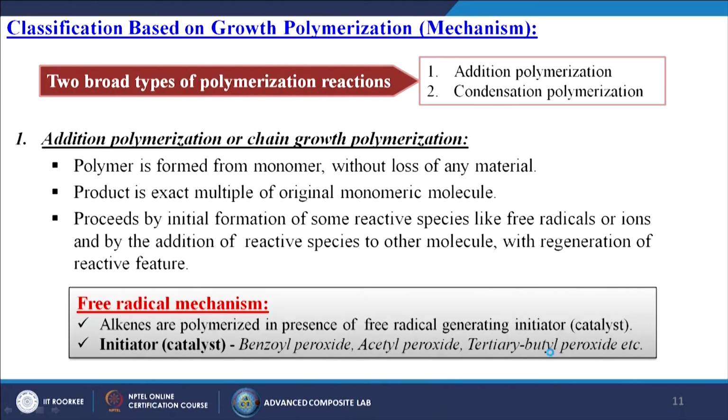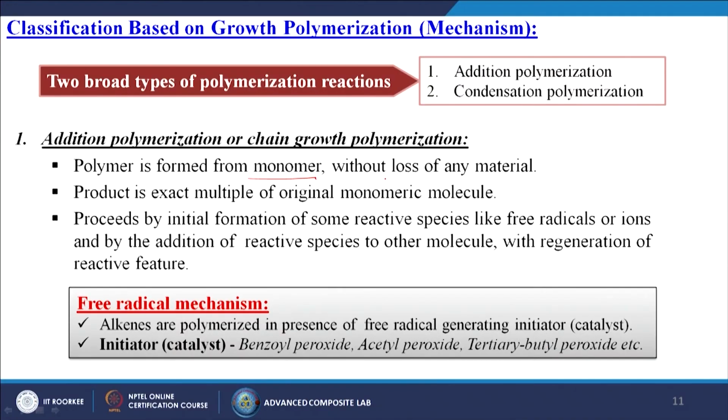Next we are going to discuss the classification based on growth polymerization mechanisms. There are two types of polymerization reactions generally taking place. First one is called addition polymerization, second one is called condensation polymerization. What is addition polymerization? Sometimes it is also known as chain growth polymerization.